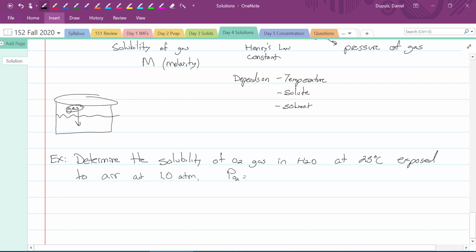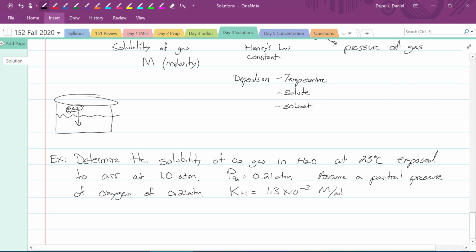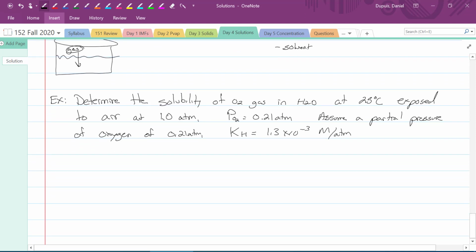Assume a partial pressure of oxygen of 0.21 atmospheres. Then the Henry's law constant happens to be 1.3 times 10 to the negative third molarity per atmosphere. So all we do here is use that formula.